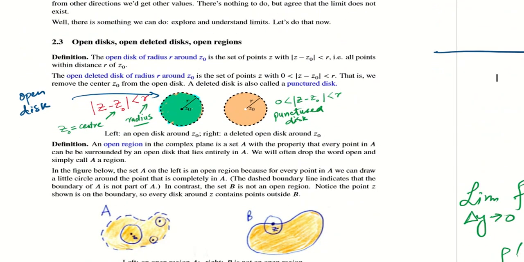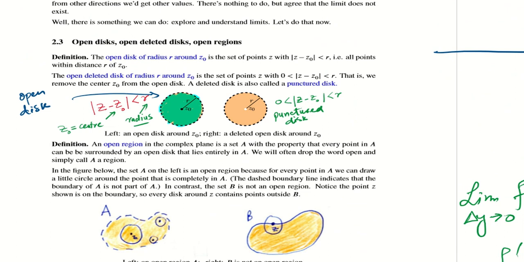Now there is a related concept. If you are now familiar with an open disk and an open deleted or punctured disk, we can now define an open region, an open area. An open area does not mean an area that is open, like you can go anywhere. In complex analysis, it has a proper definition.